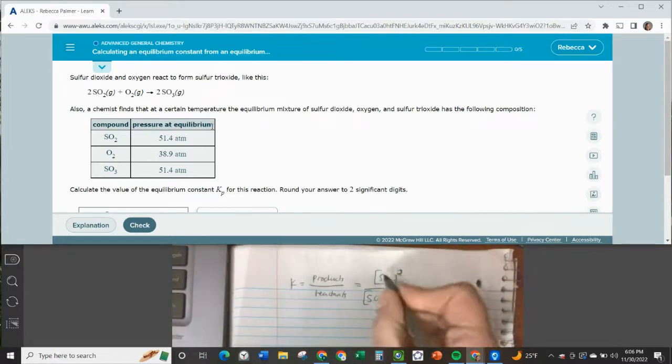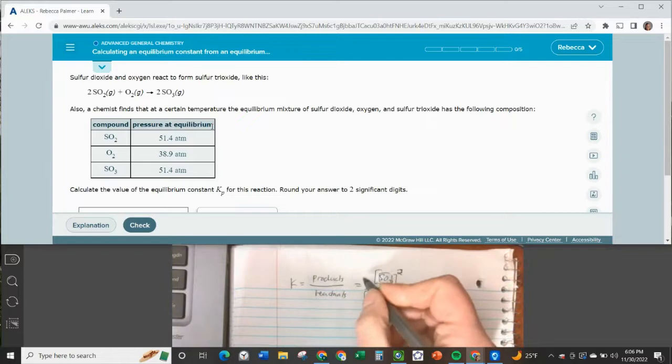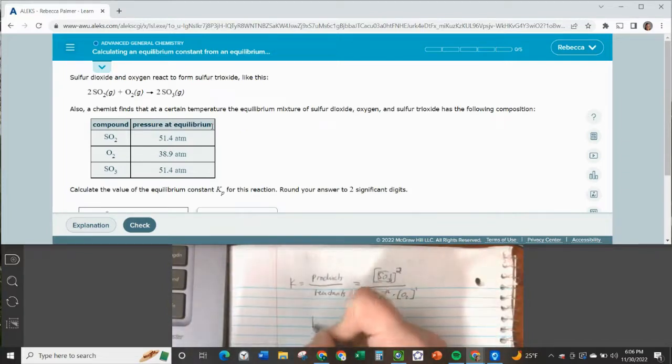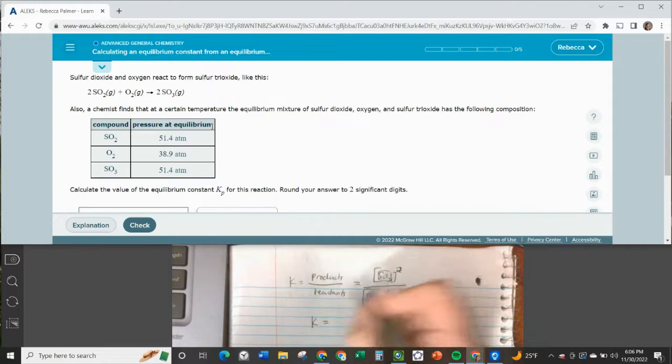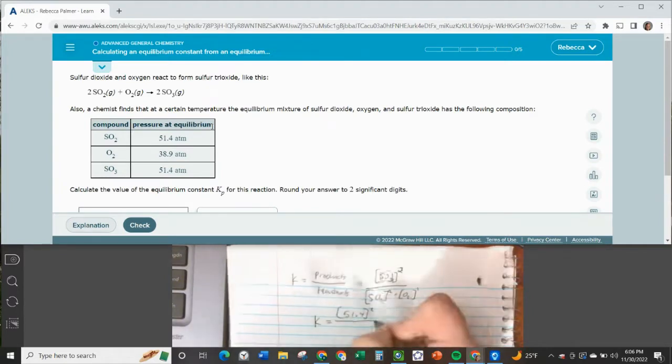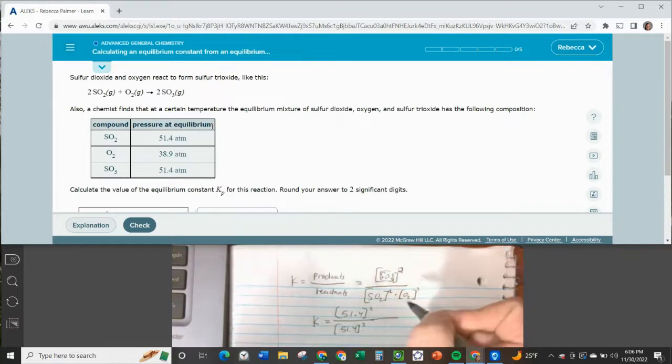So then all I have to do is, instead of concentration, this is pressure. So at the equilibrium, I have SO3, which is 51.4, and then I square that, over SO2 is 51.4 squared times 38.9 to the 1.